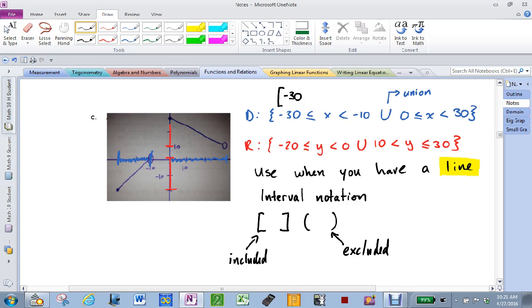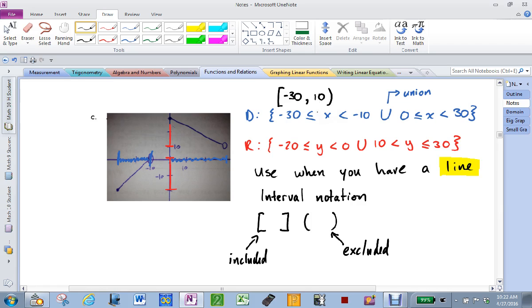Where does that interval go up to? Negative 10. Is negative 10 included? No. So we write negative 10 with a round bracket, a parenthesis. So you don't have to worry about the greater thans, less thans, equals, nothing.